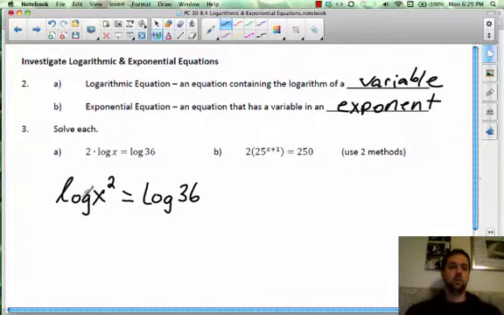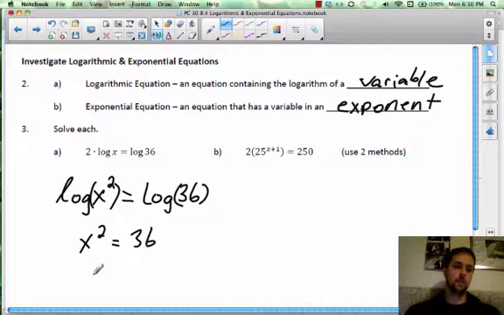Now, since we have a log with the same base, we assume here that it's base 10, we're taking the logs of both sides. Therefore, if both sides are equivalent, the thing we're taking the logs of must be equivalent as well. Therefore, x squared must be 36, and x must be 6.